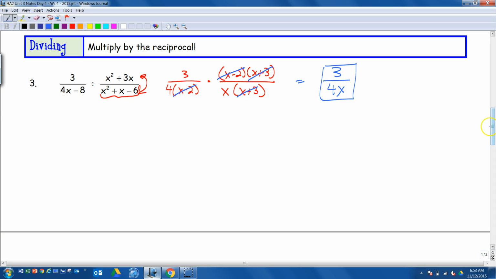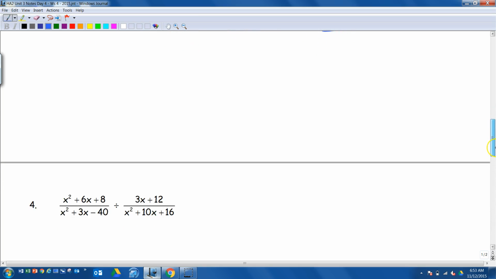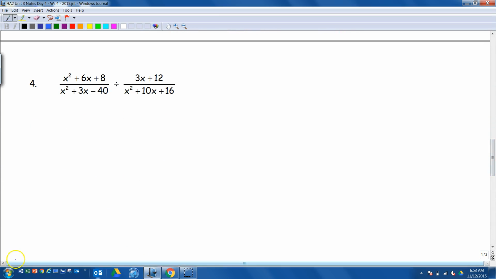Alright, let's just do a couple more. Again, start with factoring. Factoring is very important here. Two numbers that multiply to 40, probably 8 and 5. It is plus 8 and minus 5. Again, it's division, so I'm going to flip this and put this on top and this on bottom, and I'm going to factor it. 16 is 8 and 2.